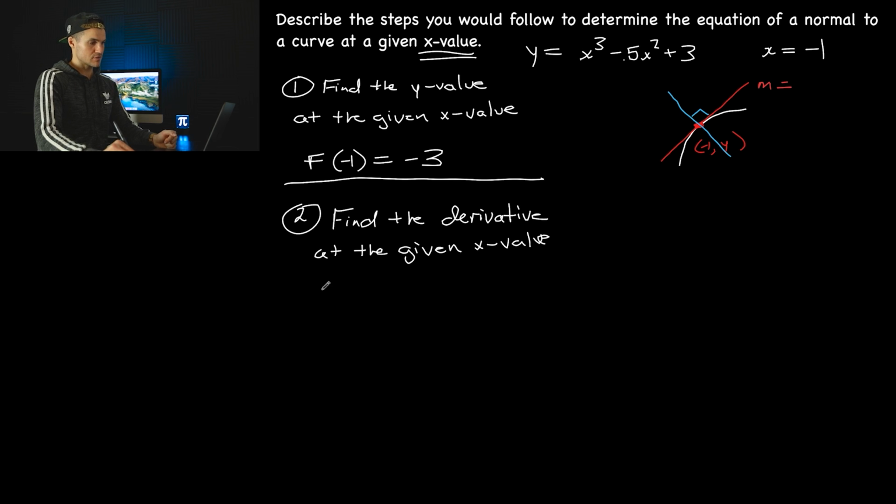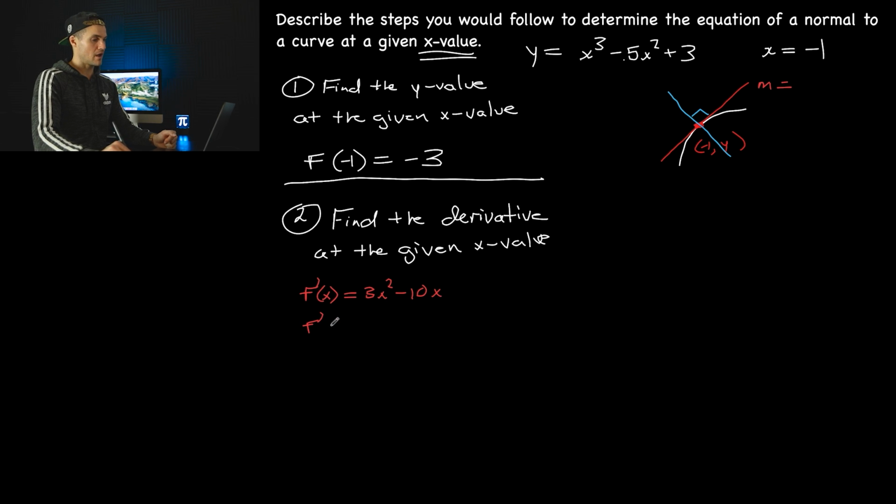So the value of the derivative here, well, what would the derivative be? We have to find first the general derivative. f prime x would be 3x squared minus 10x, and then the derivative of 3 is 0.